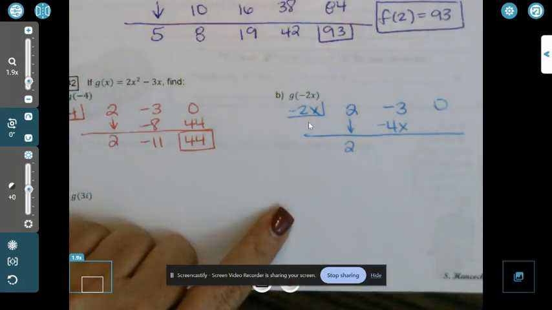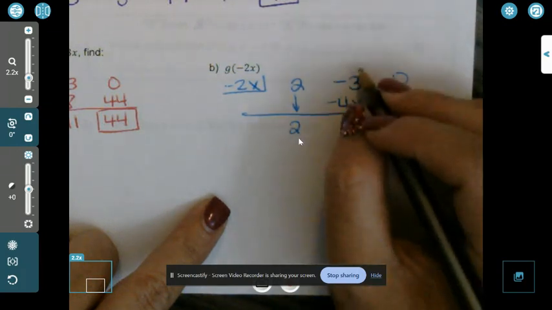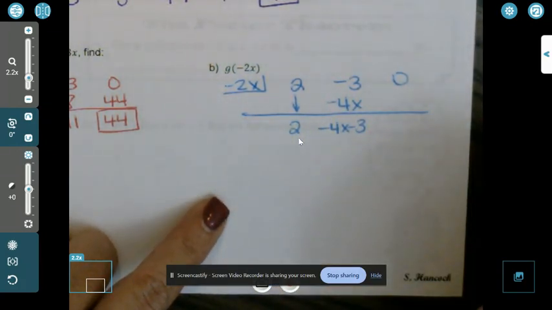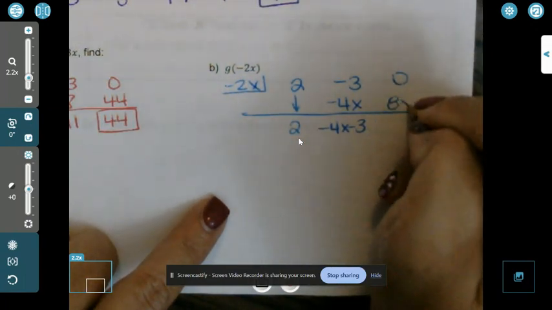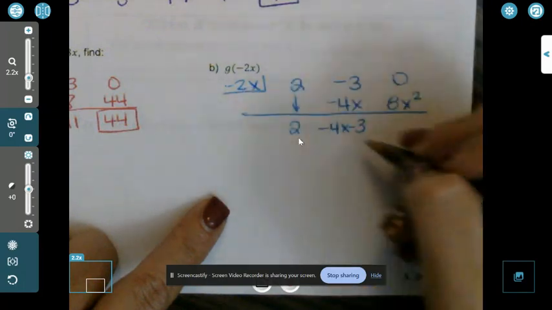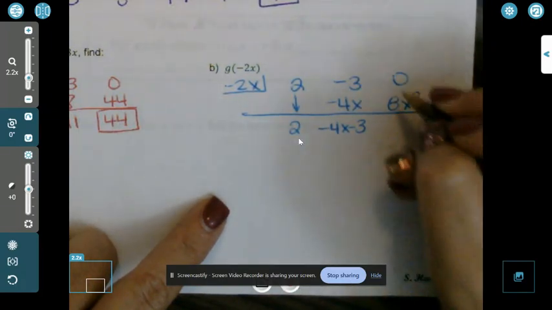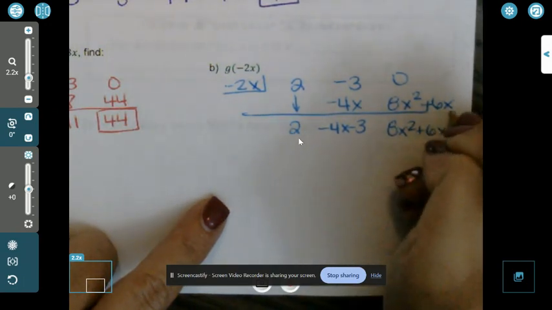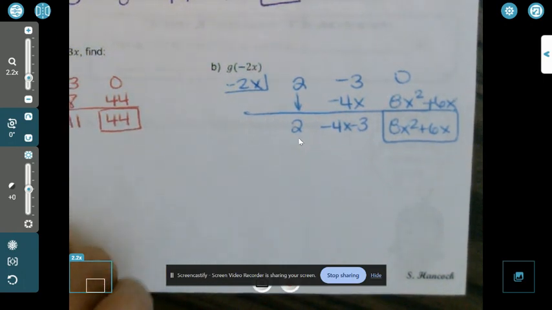So you're adding -4x and -3. We can't put those together, so we leave it as -4x minus 3. Now we multiply -2x times -4x, which gives positive 8x squared, and -2x times -3 gives positive 6x. Since we're adding that with 0, our final answer for this problem is 8x squared plus 6x.